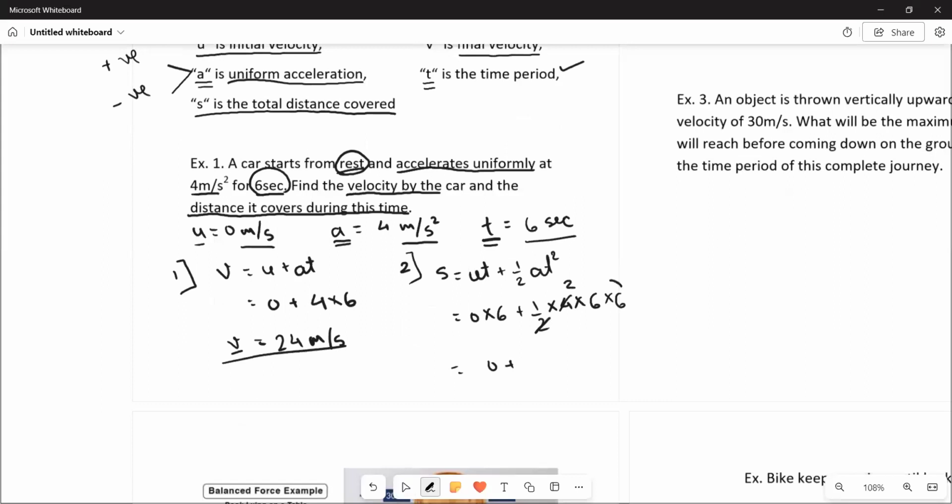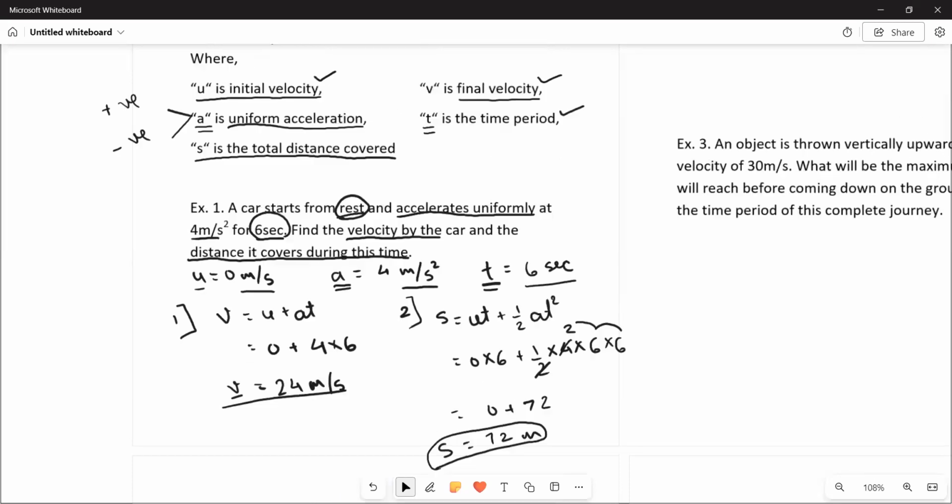So we'll get 6 into 6 as 36, and 2 times 36 is 72, and this 72 plus 0 is equal to 72, and from this we get our s is equal to 72 meters. So in this way we use the equations of motion to solve the problems on motion. Okay.